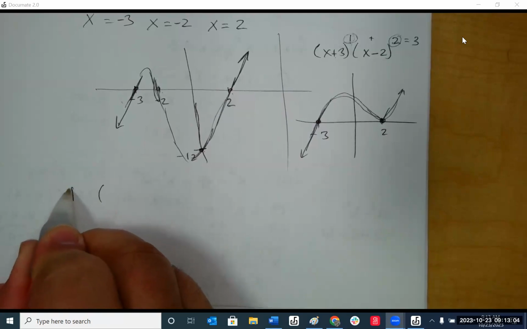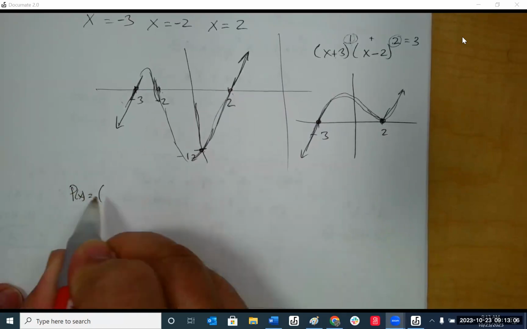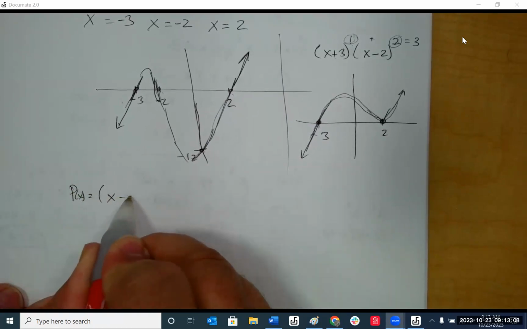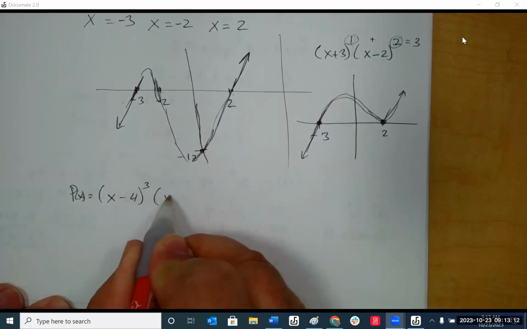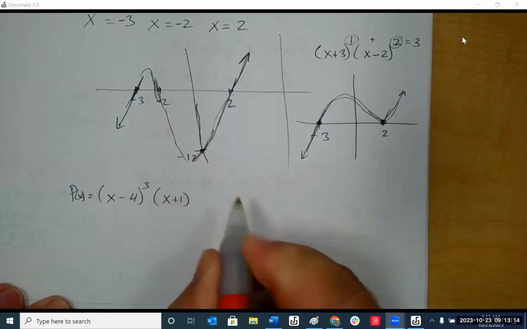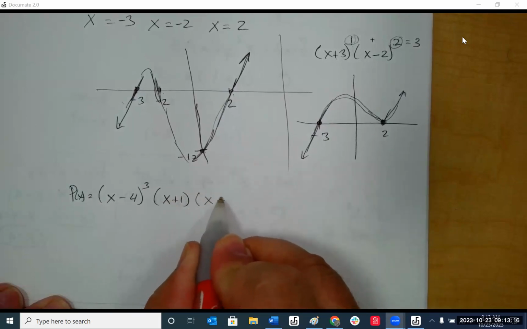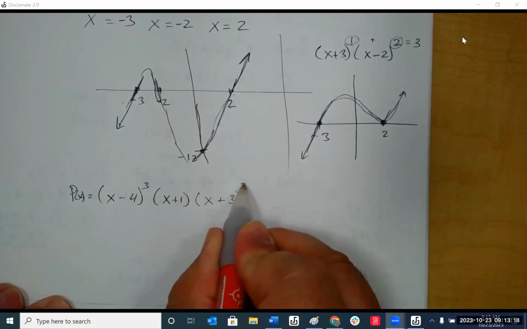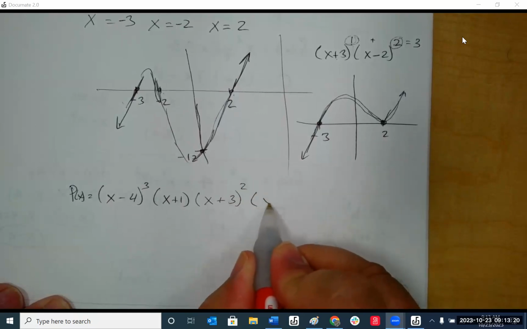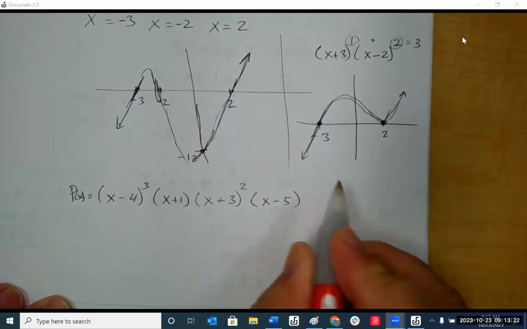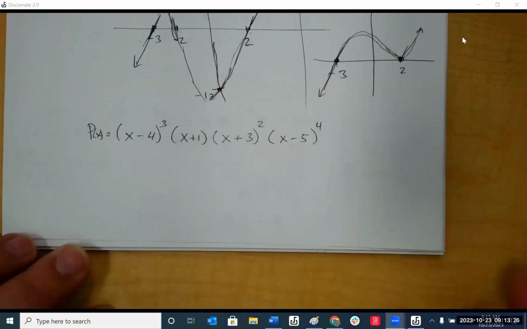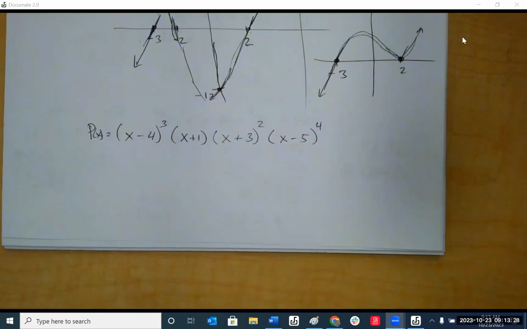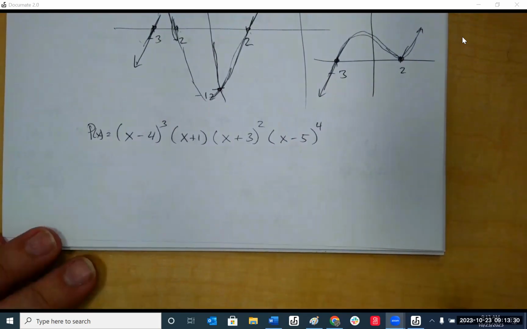If I gave you a polynomial, if the answers were like this, what's the degree?